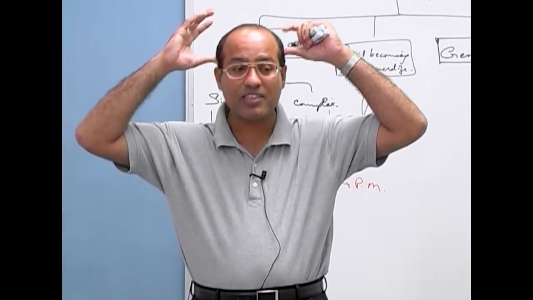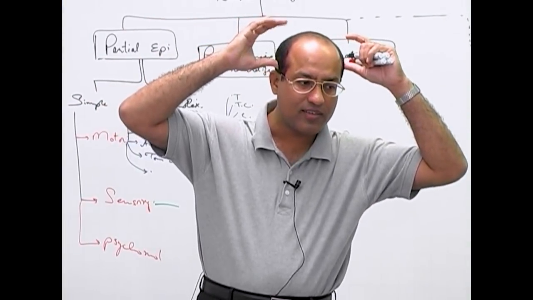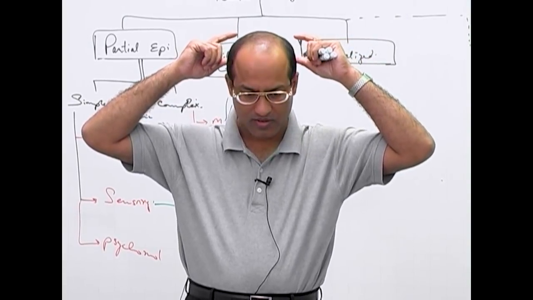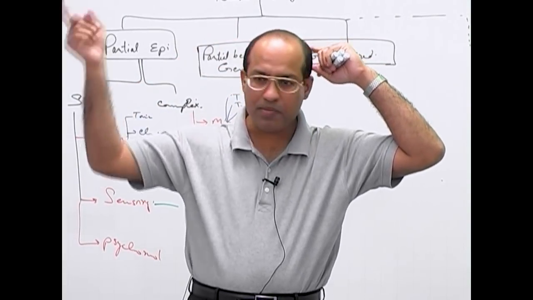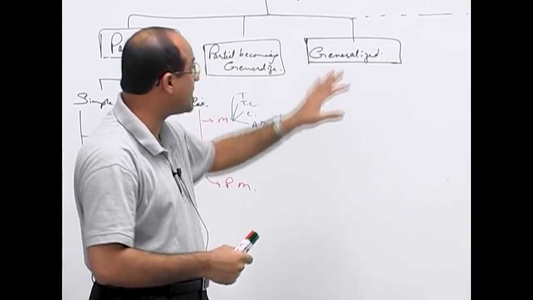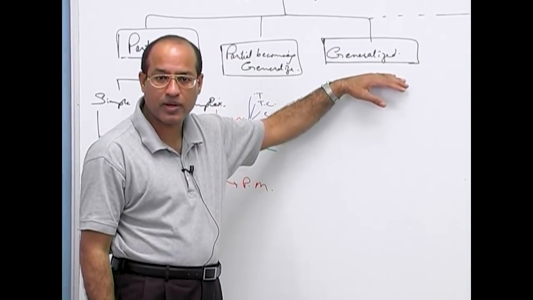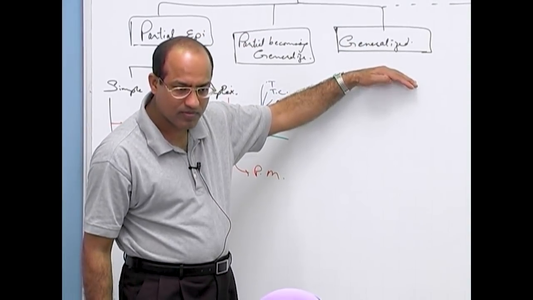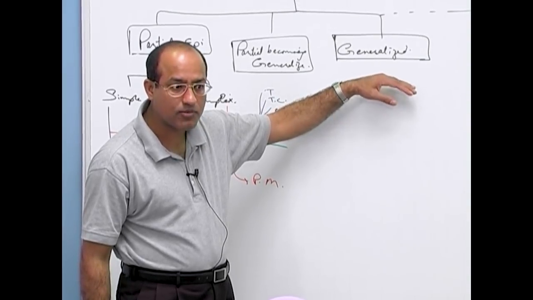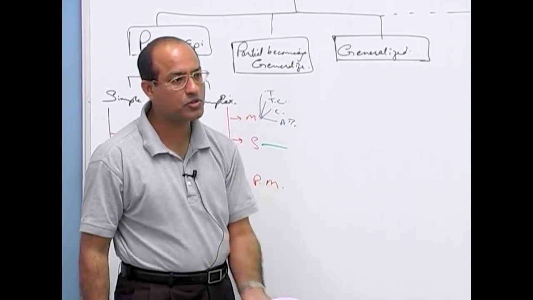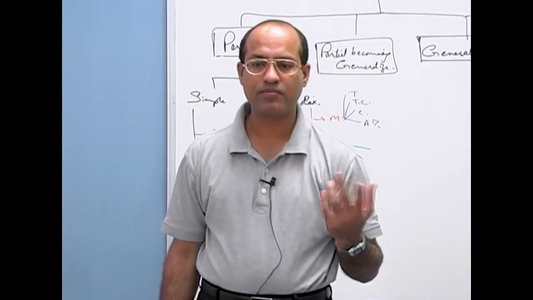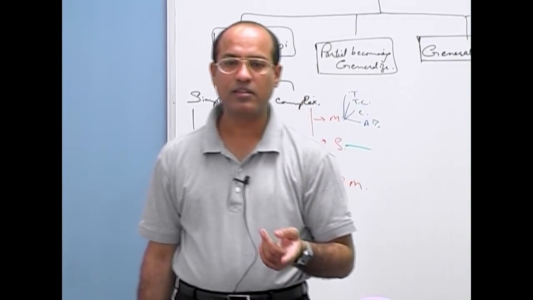In case of becoming generalized, there is always alteration in consciousness. So there is no simple case of generalization. Simple may become generalized, but truly generalized, we start as generalized, both hemispheres fire simultaneously, it probably starts from the diencephalon. And when the diencephalon starts abnormally firing, both hemispheres at a time start firing abnormally. Is that clear to everyone?